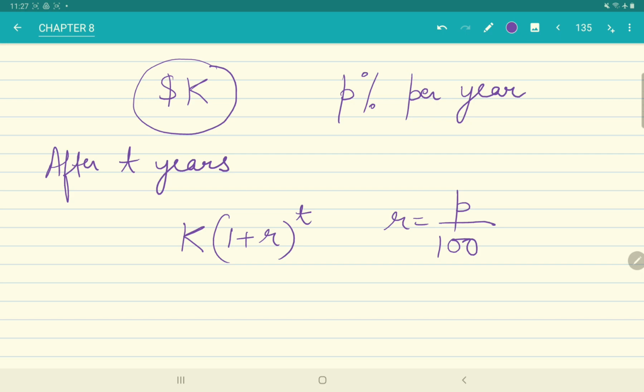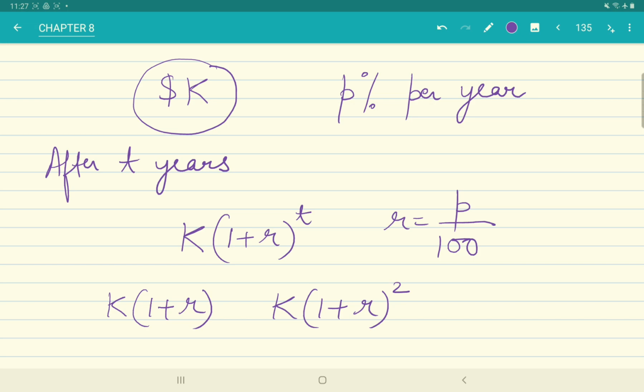In other words, after t years, k dollars would have increased to this amount. After 1 year, it would have increased to this amount. After 2 years, it would have increased to this amount. What I mean to say here is that each year, the principal of k dollars increases by this factor, 1 plus r.